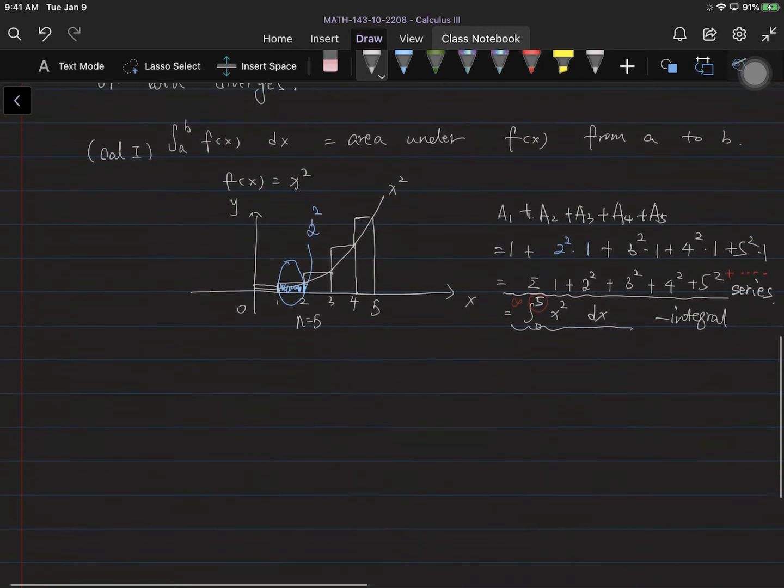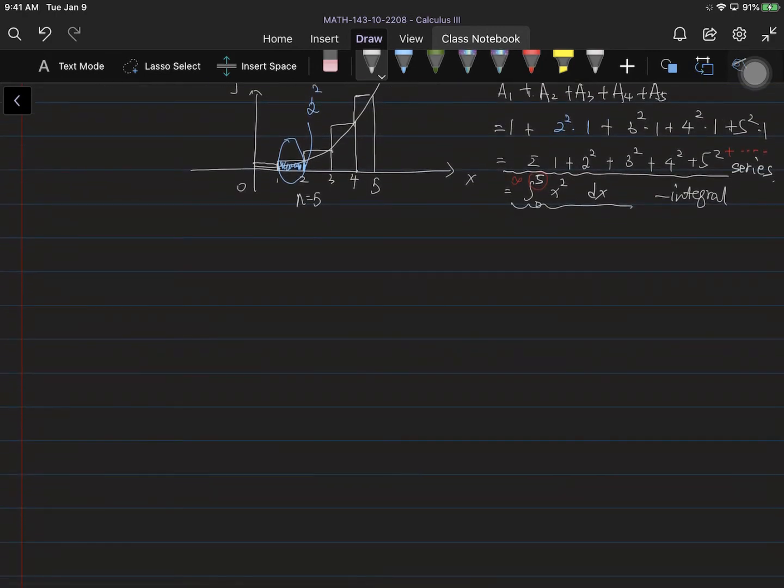Example 2. Does this series diverge or converge? Now we are going to use the integral test. So first step, let's set up our integral.